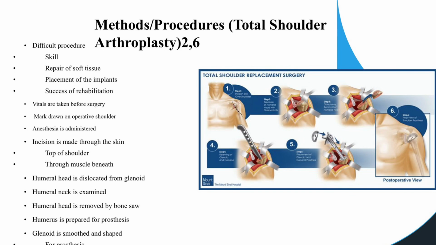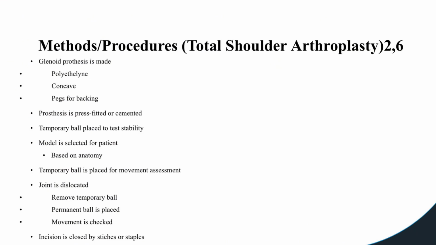And with that, they'll also put a prosthesis to be fitted with cement, or if cement's not used, you can use press fit components. From there, they use a temporary ball to test the stability.